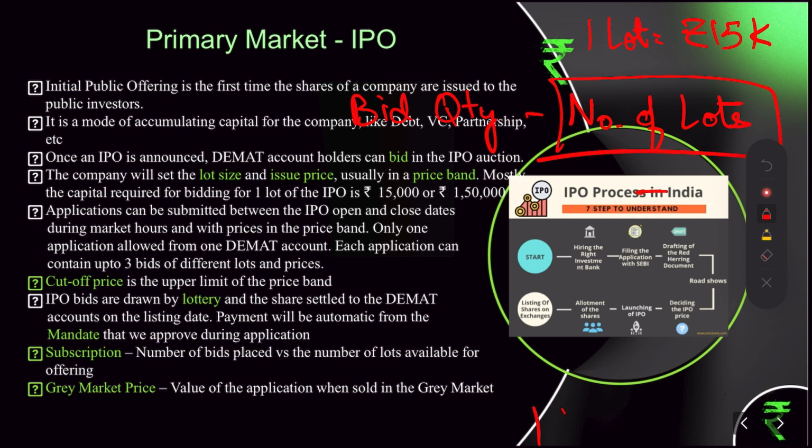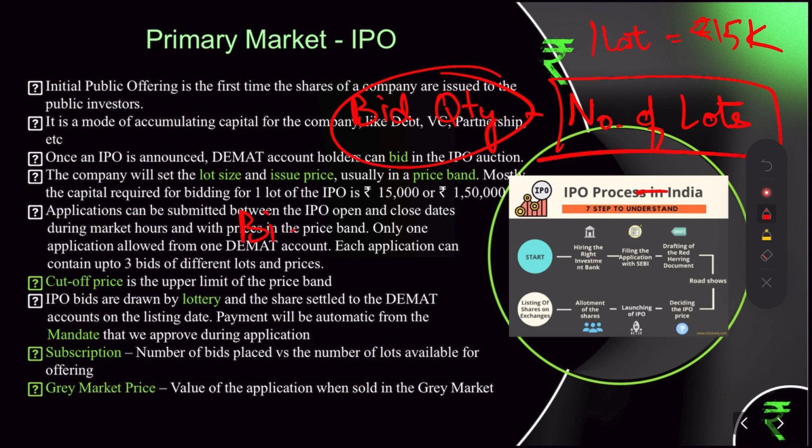Or sometimes one lot can be worth 1.5 lakh Indian rupees. So these are two standard fixtures set by SEBI in order to maintain standardization in IPO applications. So one lot is usually around 15,000 rupees. So the number of lots you have to mention in the bid quantity.